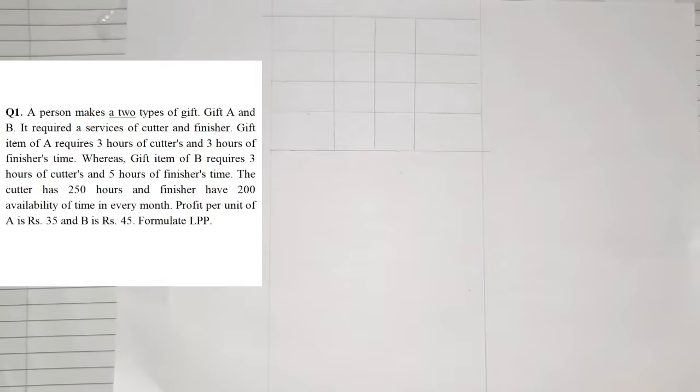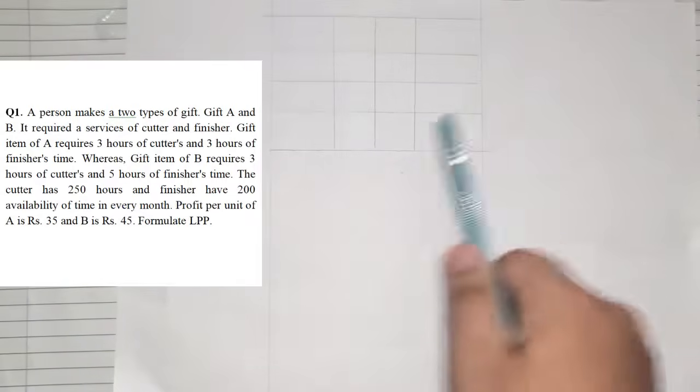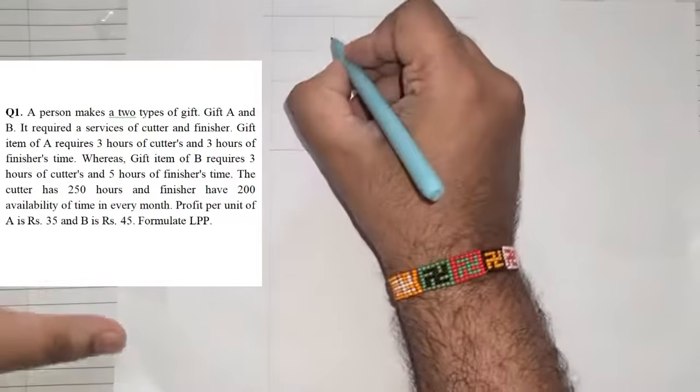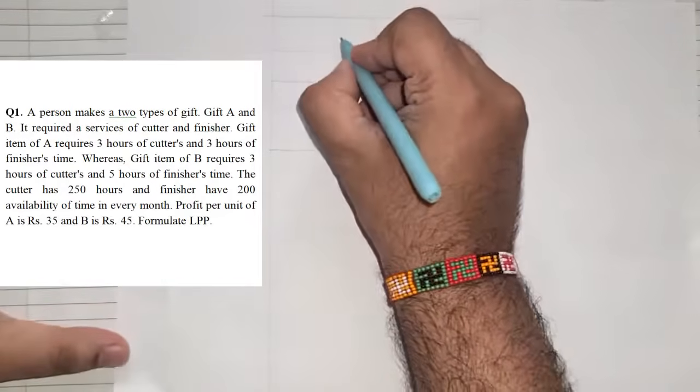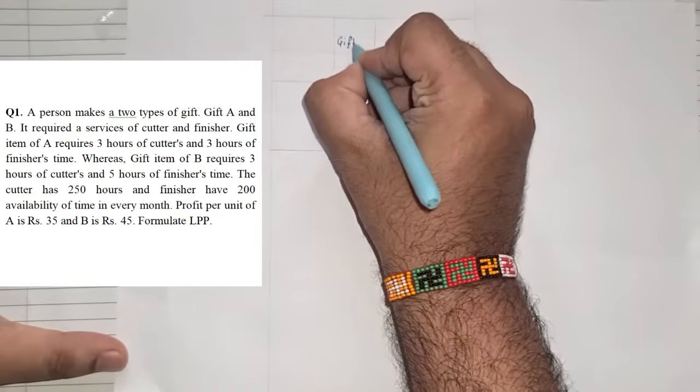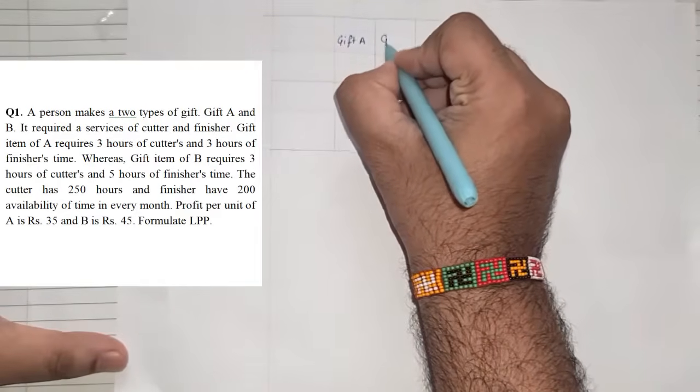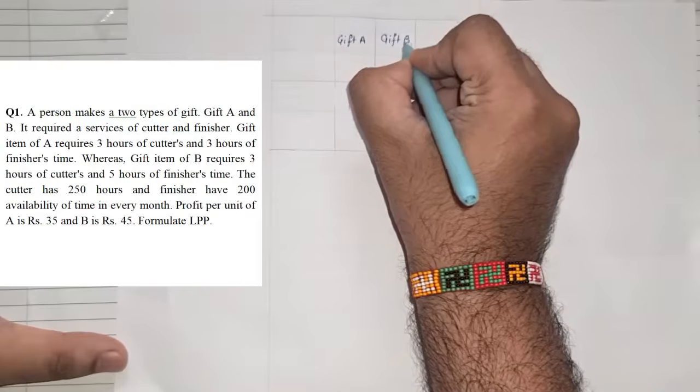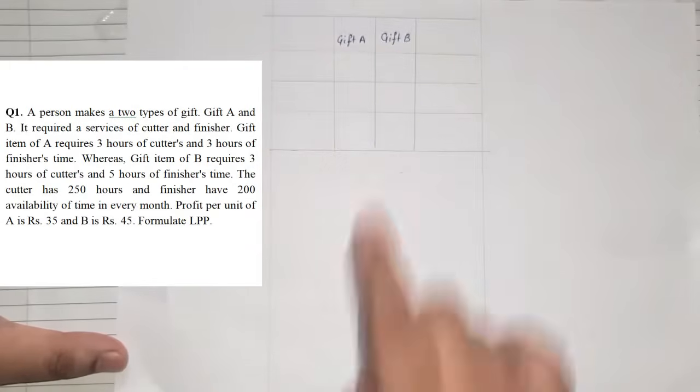Second, check what the 2 prominent variables given to us are. I can see here a person makes 2 types of gifts, gift A and gift B. So always remember, make a table like this. We will have gift A and gift B, so there are 2 types of product.